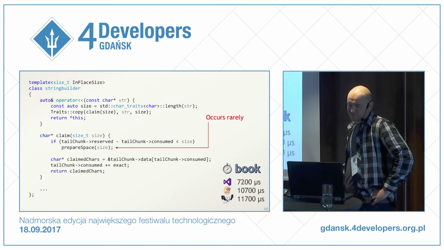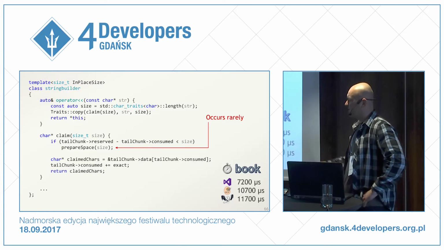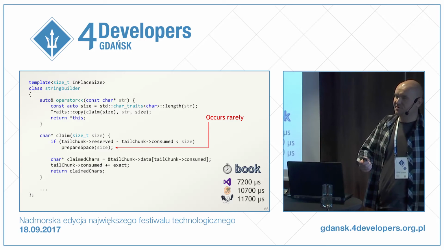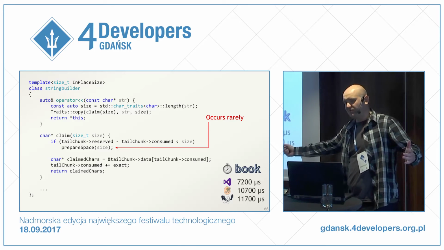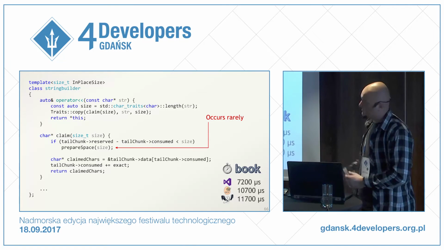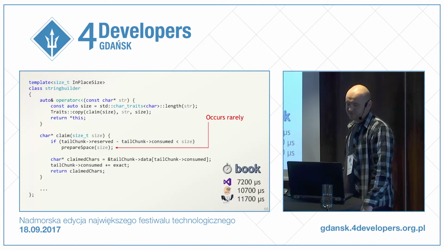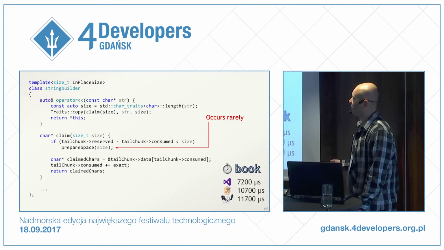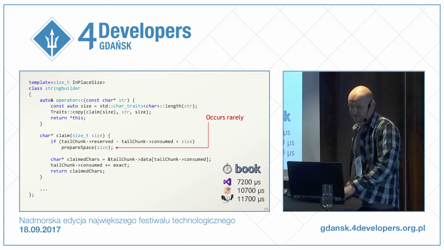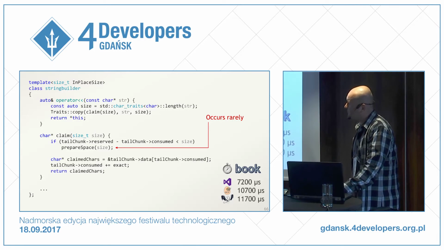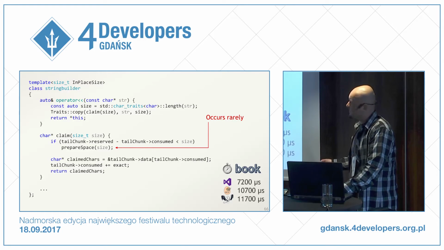In my implementation of StringBuilder, when I allocate a new chunk, I take the size of the previous chunk, multiply by 2, align to the cache line, and so basically the growth factor is 2. So to append 2 million characters, we probably need something like 13, 15 allocations without a reserve call at the beginning.